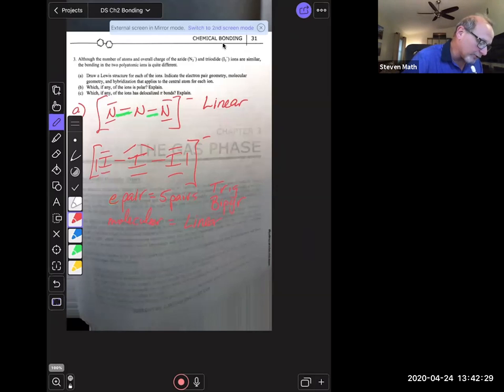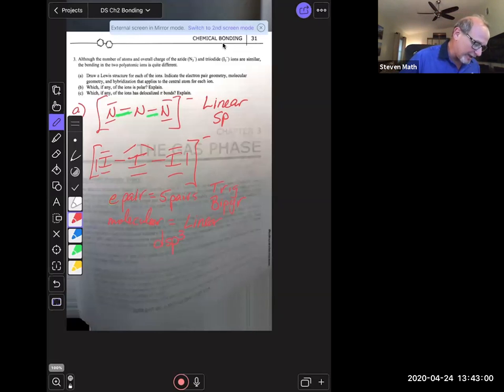They would also like hybridization as it applies. Let's go sp and let's go dsp3 or sp3d, whichever one you choose. That's okay. Don't worry if you don't understand electron pair versus molecular. You stick to molecular geometry, which is the shape of the actual molecule. That's what we're looking for here, okay?